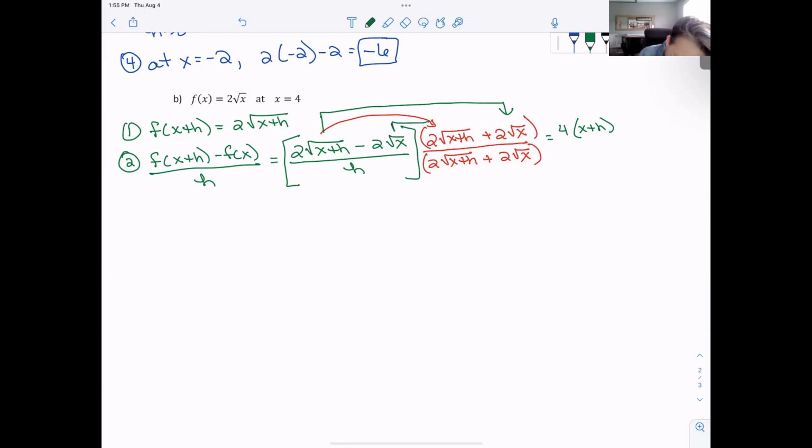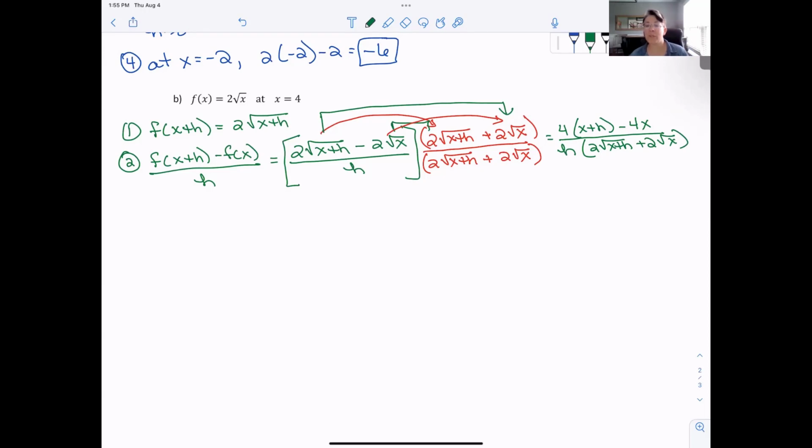The inside would give us a negative 4 square root of x plus h square root of x. So those add up to 0. And then we multiply these last two, and that gives us a negative 4x. And in the denominator, I'm going to leave that h on the outside, and I'll show you why in a minute: square root of x plus h plus 2 square root of x.